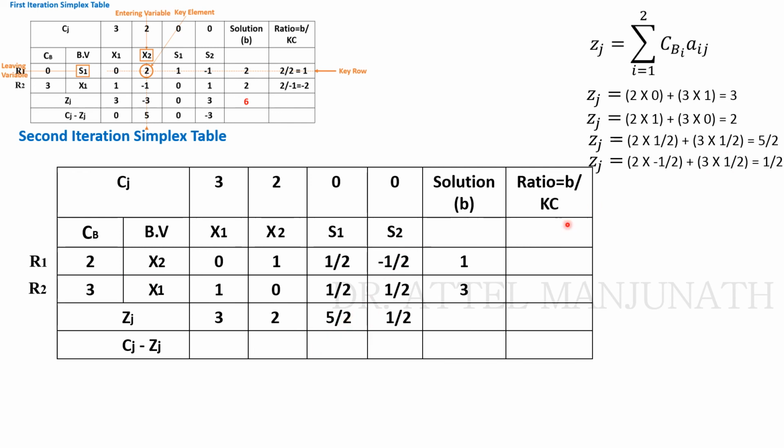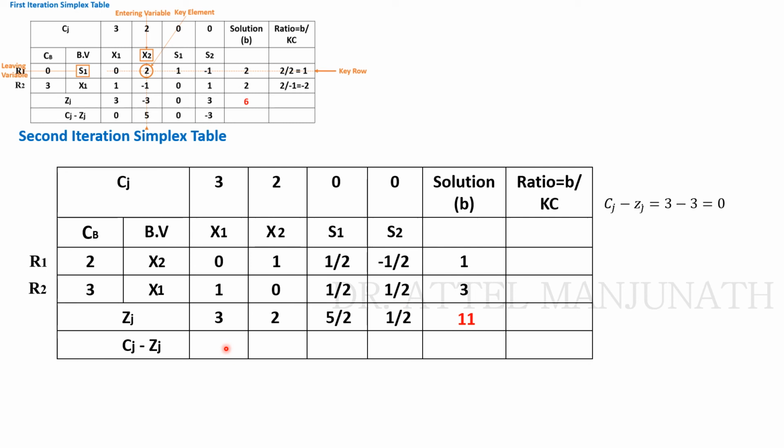And for S2, 2 into minus half plus 3 into half, totally half you will get here. After that you can calculate the solution value, that is 2 into 1 plus 3 into 3, you get 11. This can be considered an optimal solution if the Cj minus Zj holds good for the optimality condition, or else this is the current solution for the current table.